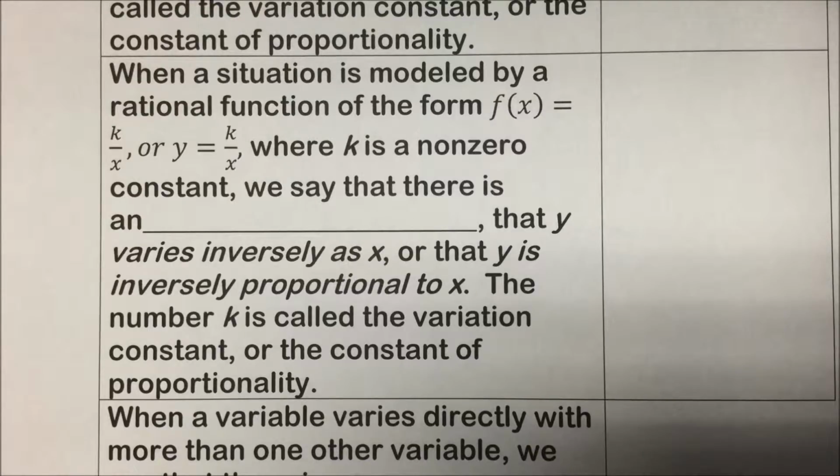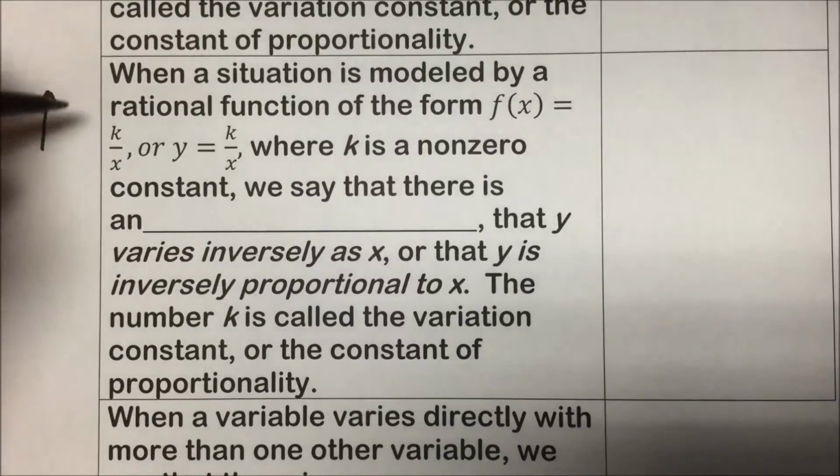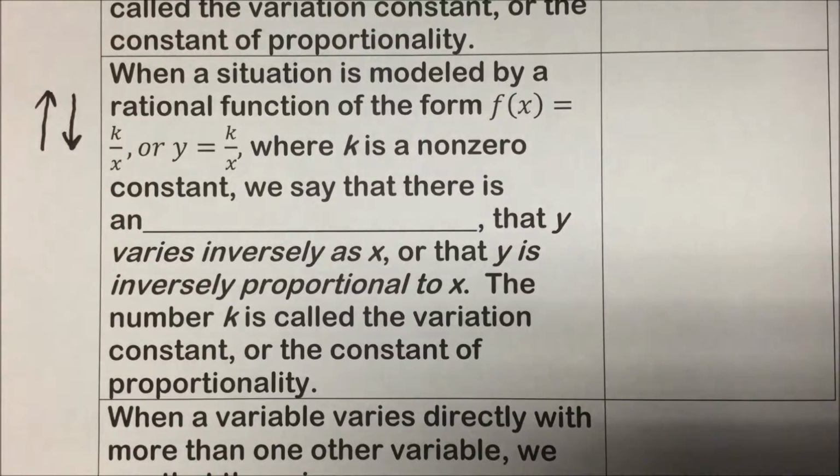But should you increase the speed to, say, 70 miles per hour, what would be the time? Common sense would tell you the faster you go for that given distance, the time is going to decrease. That's an example of an inverse variation.